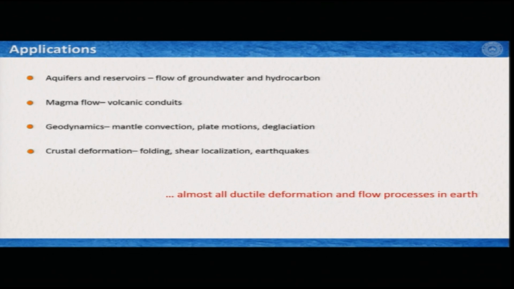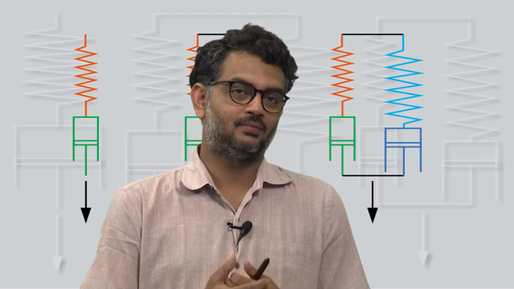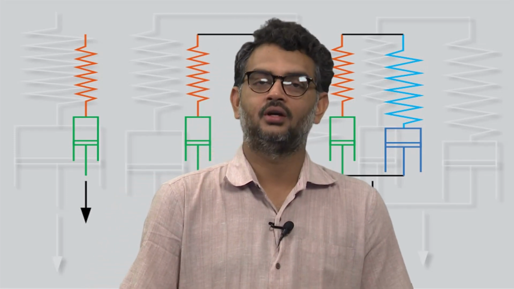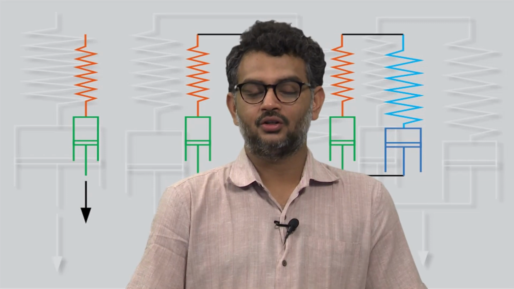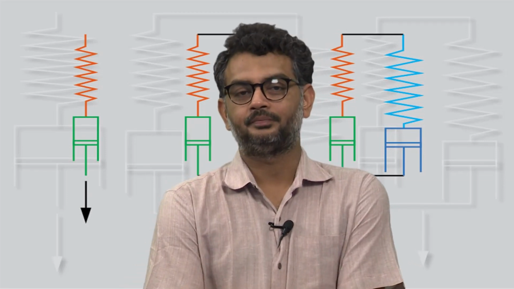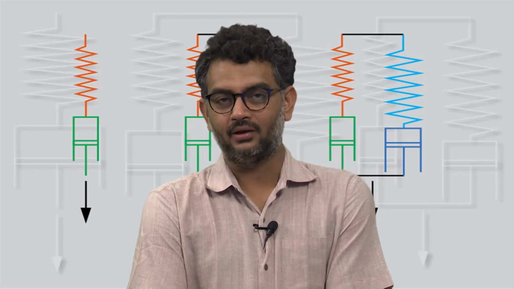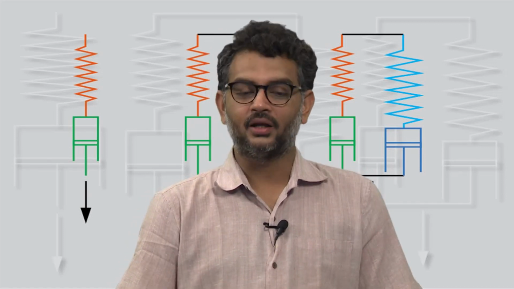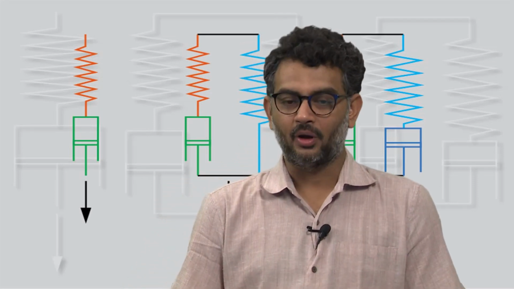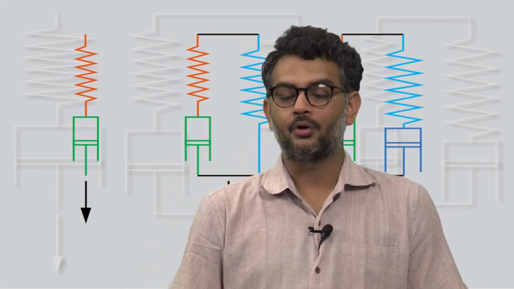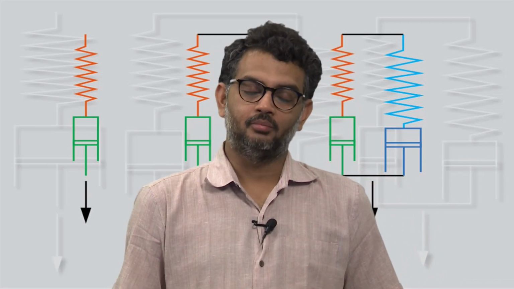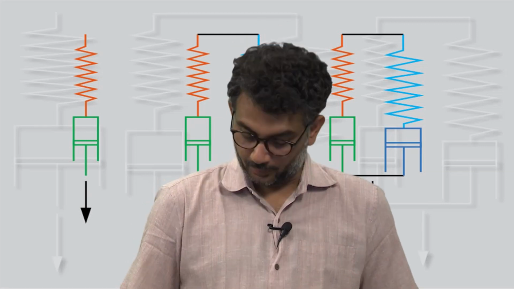And if we come to crustal deformation, the structures we generally see in the field, the ductile structures, folding, shear localizations and also earthquakes, which are not ductile, are all explained by complex rheology. So, you can consider that almost all ductile deformations and their flow processes in the earth can be explained by using complex rheology.